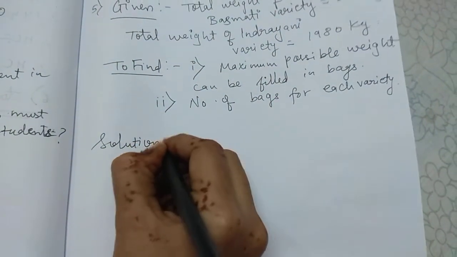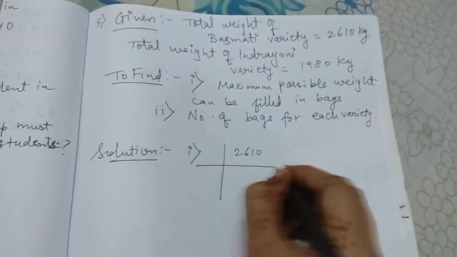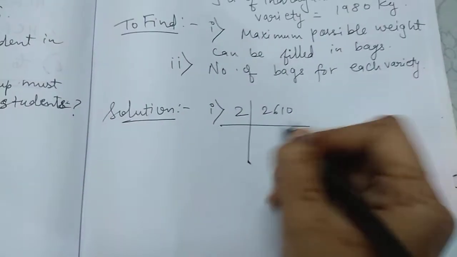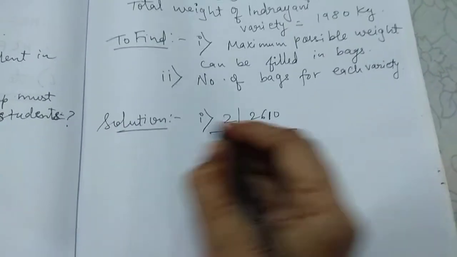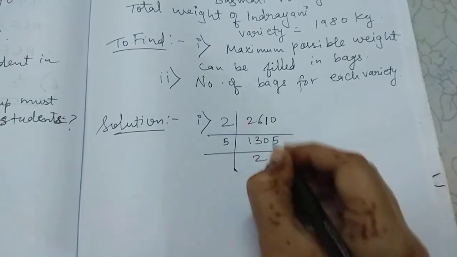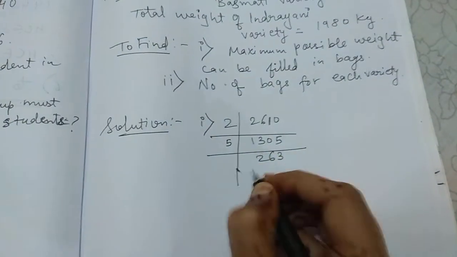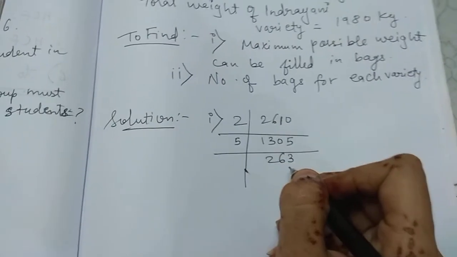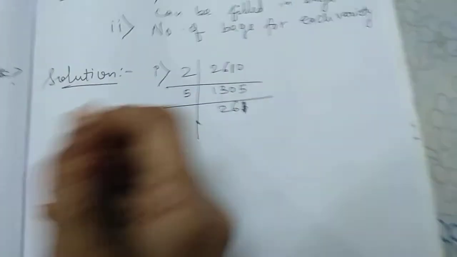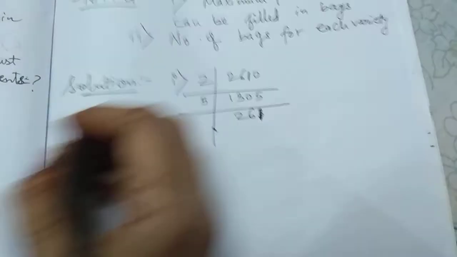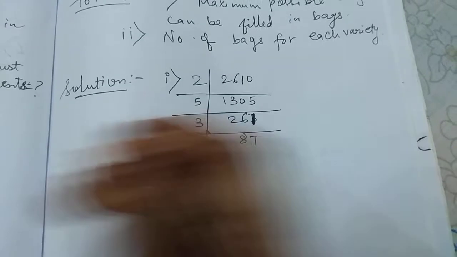Again we will be finding HCF. 2610. So 2 ones are 2, 2 threes are 6, 2 zeros are 0, so 1305. Now 5 twos are 10, 5 sixes are 30, 5 threes are 15, 5 ones are 5. Okay, 261 will go with 3. So 3 8s are 24, 3 7s are 21.